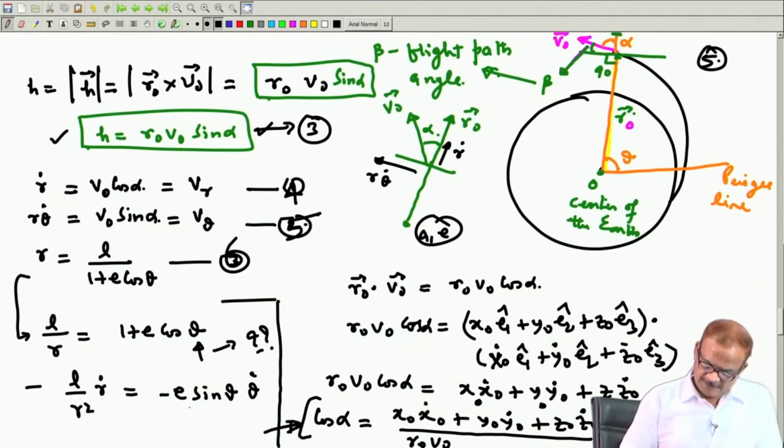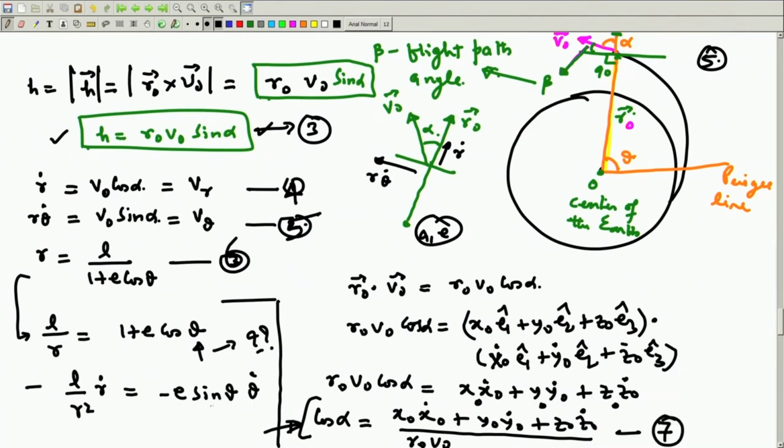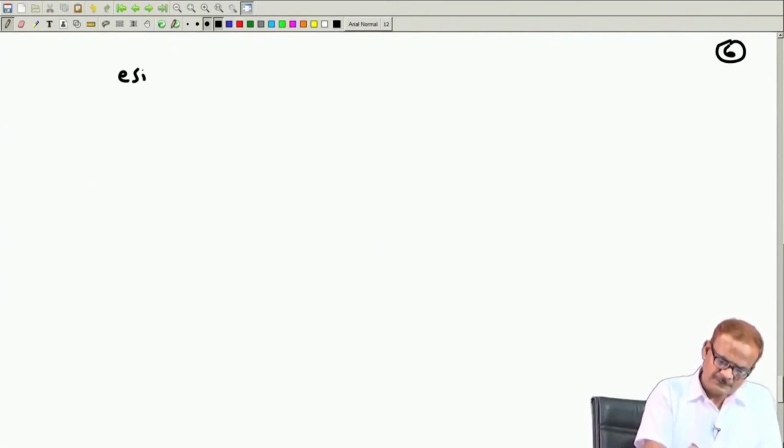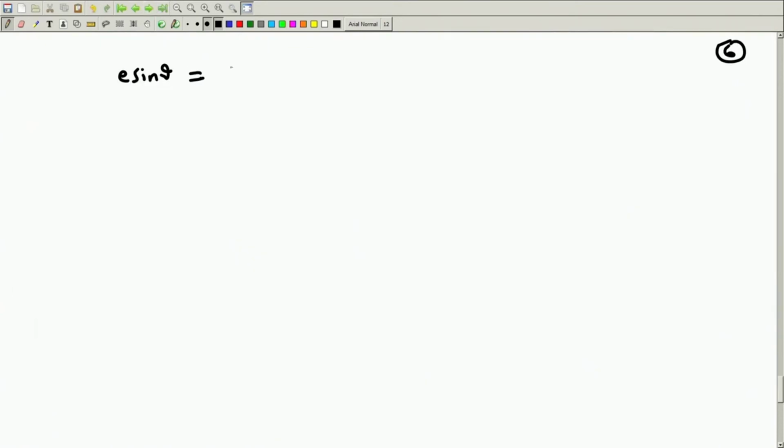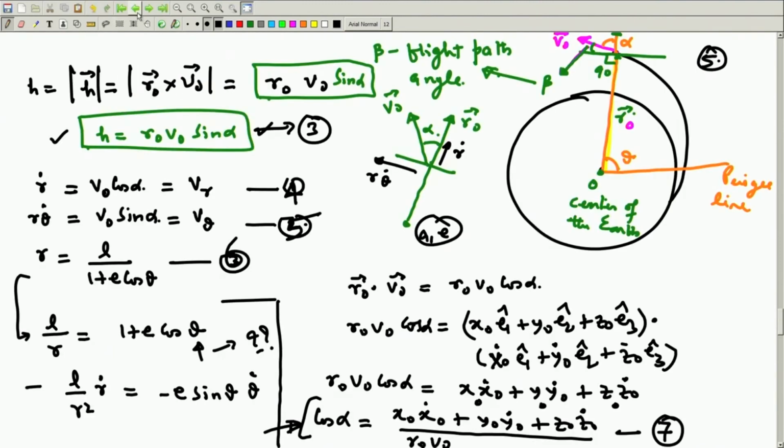So, this equation can be rearranged as E sin theta equal to, this minus sign cancels out, L by R square R dot, and then from here theta dot.